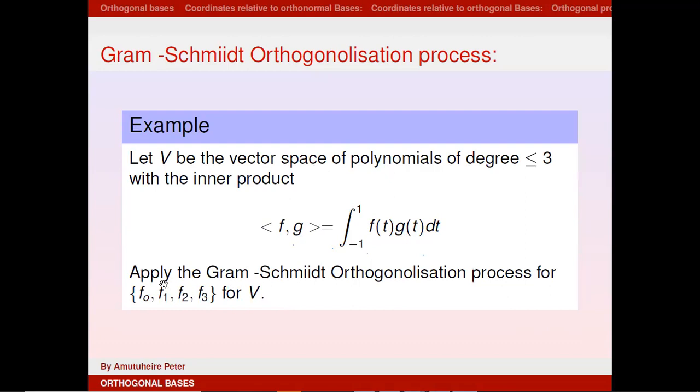Now, the question wants us to apply the Gram-Schmidt orthogonalization process for this. So that means we want to find this orthogonal basis F0, F1, F2, F3 for V.